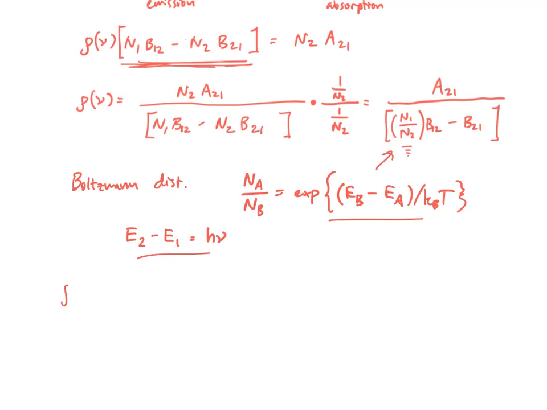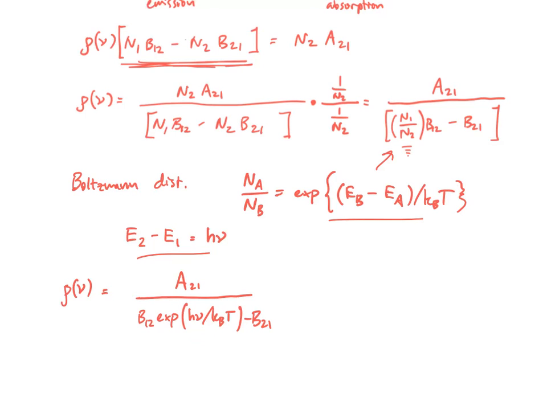And this is what we get. The relative density of absorption or emission based on the frequency nu is going to be equal to A21 divided by B12 e raised to the h nu divided by kBT minus B21.